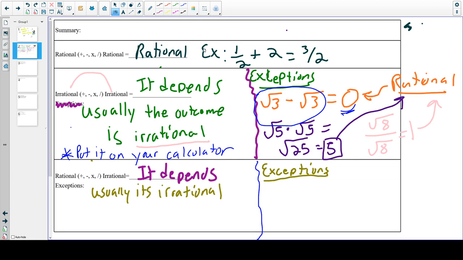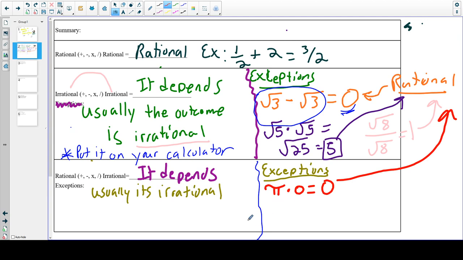So, let's talk about some of those exceptions. What if I said pi, which we know is an irrational number, it's 3.14159, and so on and so forth, times 0? Well, this is an irrational number. 0 is rational, but we know 0 times anything is 0. So this number is also rational.